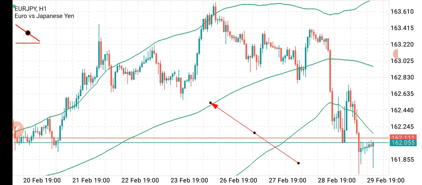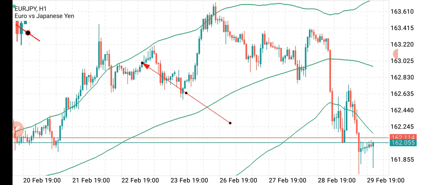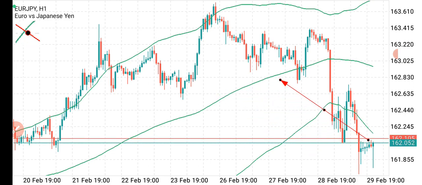This middle line is our middle Bollinger Band, which aids us in taking continuation trades, because we have established that when you see price moving above the middle Bollinger Band, it also serves as a means of identifying trend.